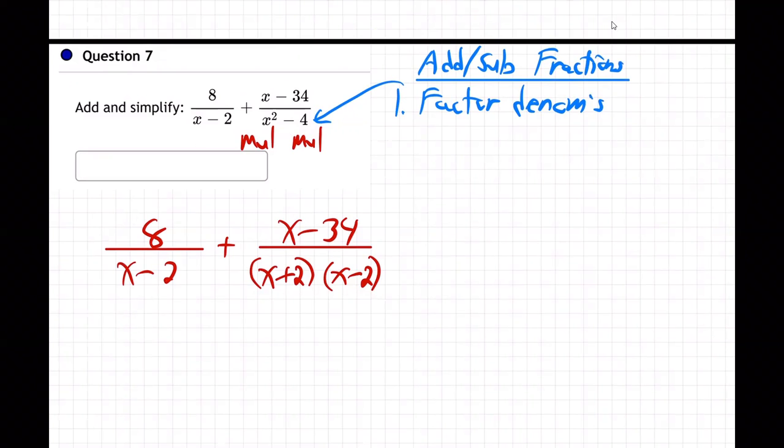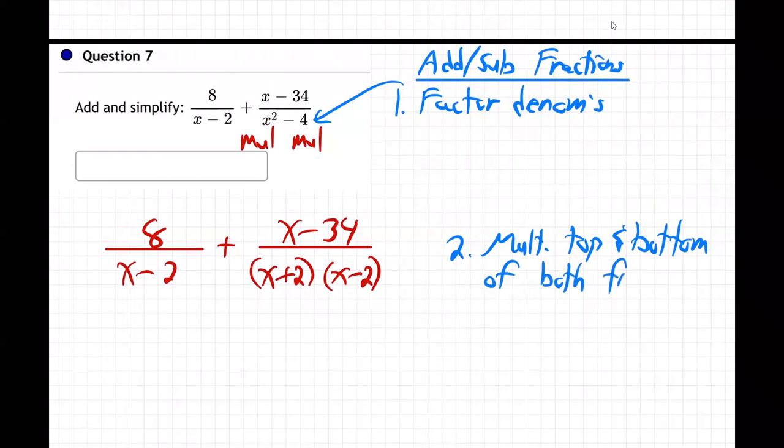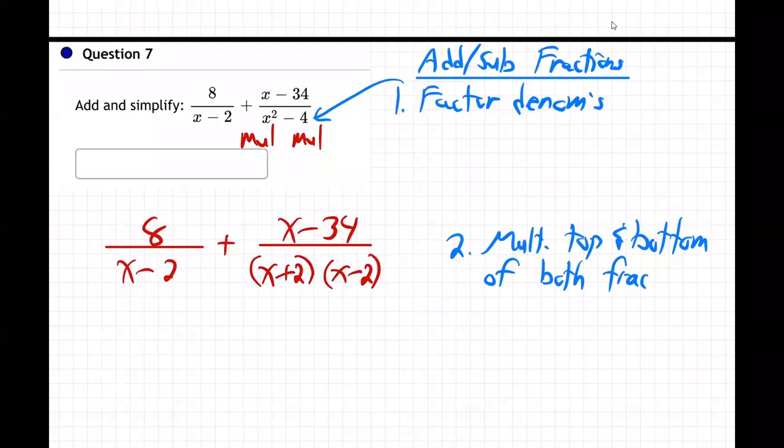And then step number 2 is we multiply top and bottom of both fractions to make the denominators the same, right?